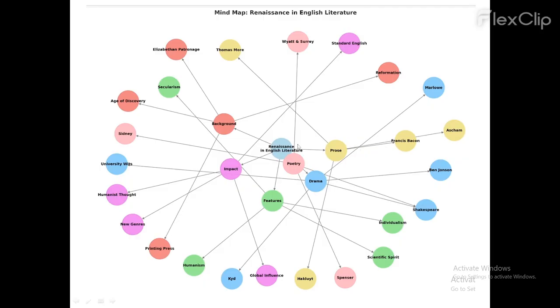So this mind map will help you out in recalling the details of Renaissance, which will be quite helpful for brushing up your knowledge when your examination is close. I suggest you prepare a chart paper by using these details.